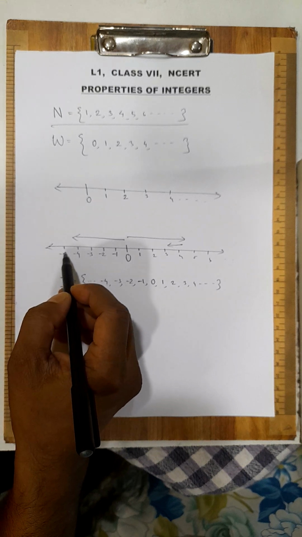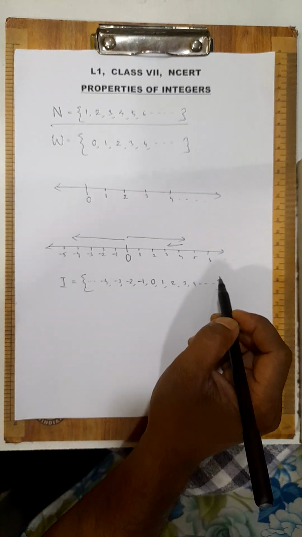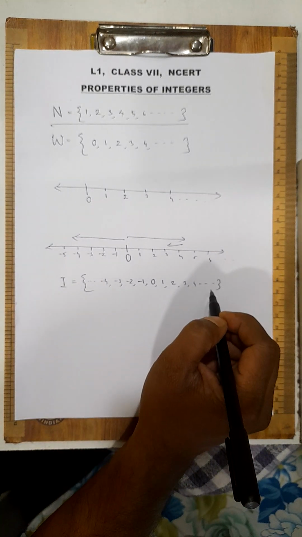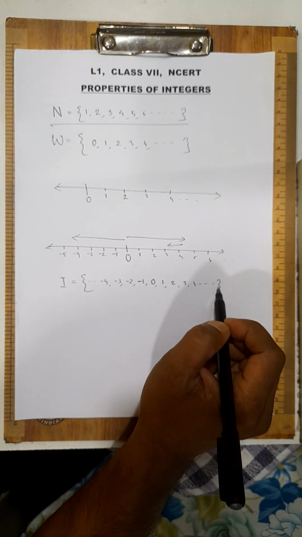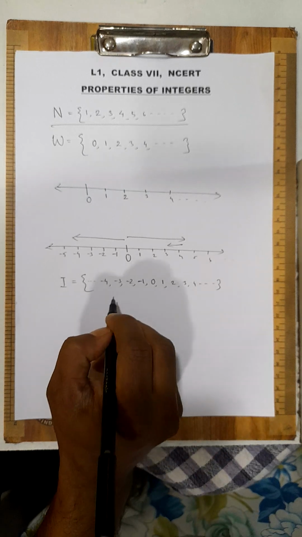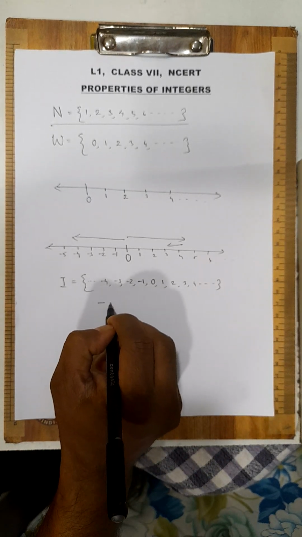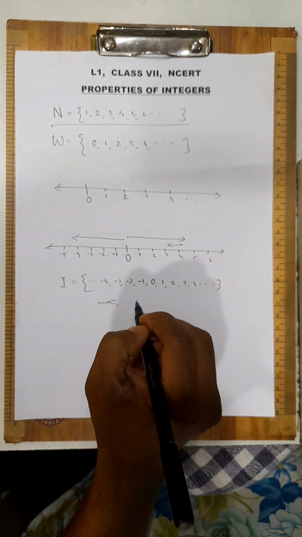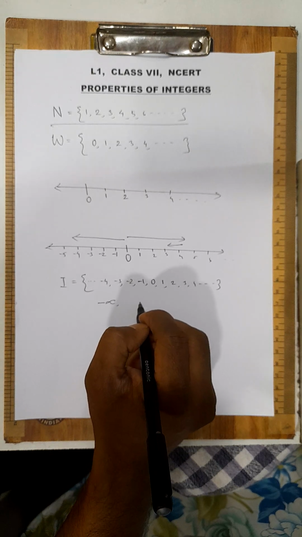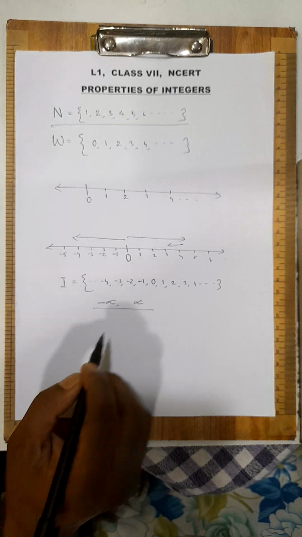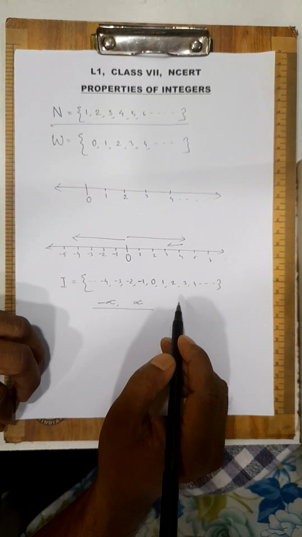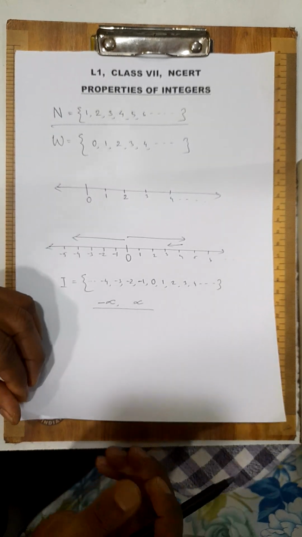You have to go to infinity. Similarly, on the right hand side, you cannot say what is the greatest integer, right? It is again infinity. So the smallest integer is minus infinity, and the largest integer is plus infinity. So these are the numbers we call integers.